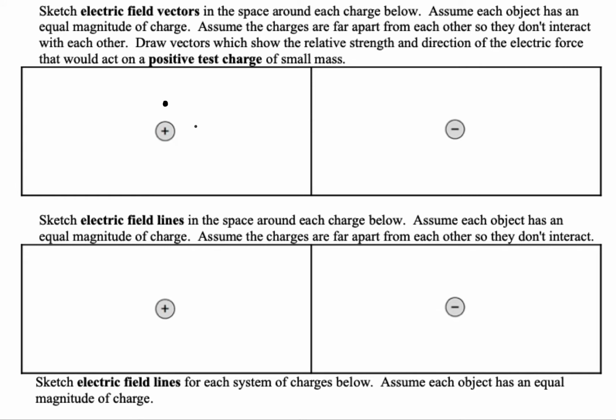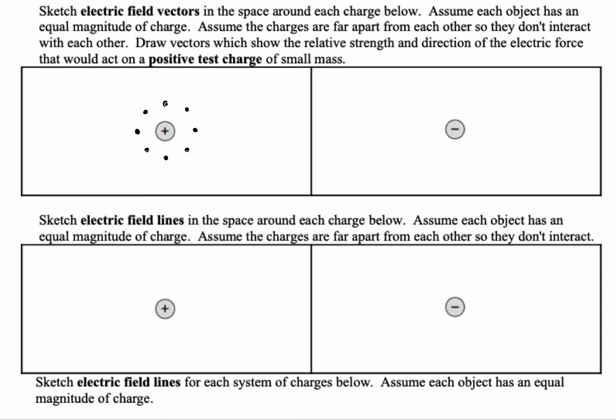So let's pick, let's say, 8 points around this particle. And which way would a positive charge be pushed if it was in those locations? Well, we know that positives repel positives.